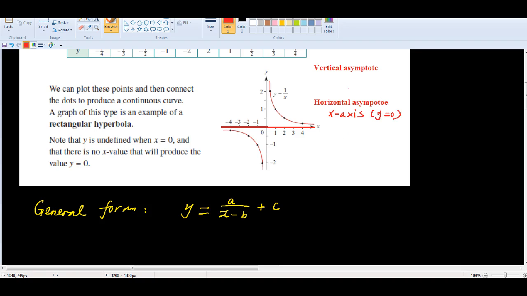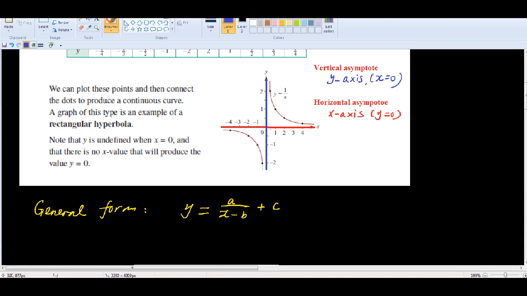And for the vertical asymptote, it should be this one. So that's the y-axis, and you could say x equals 0. Okay, so what do we mean by asymptote?